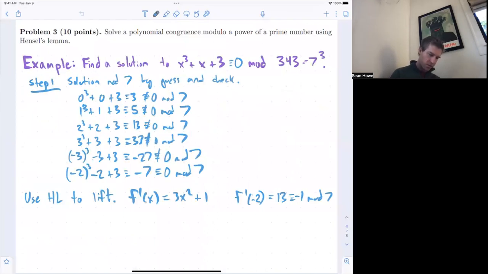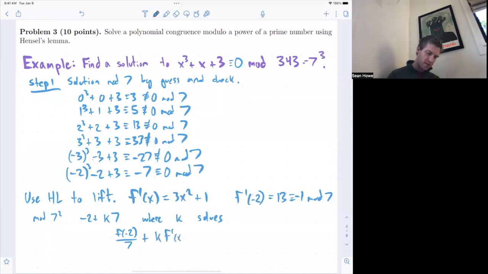So my solution mod 7 squared is going to be -2 plus k times 7, where k solves f of -2 over 7 plus k times f prime of -2 is congruent to 0 mod 7.